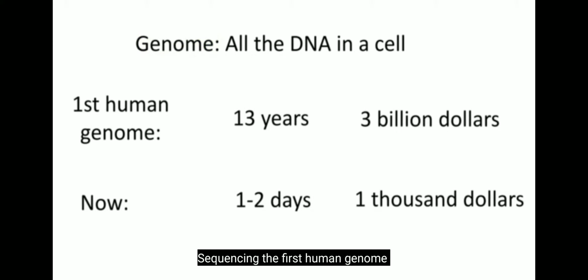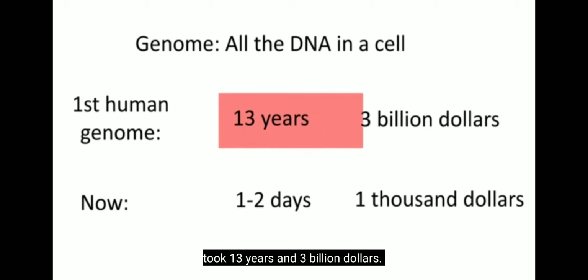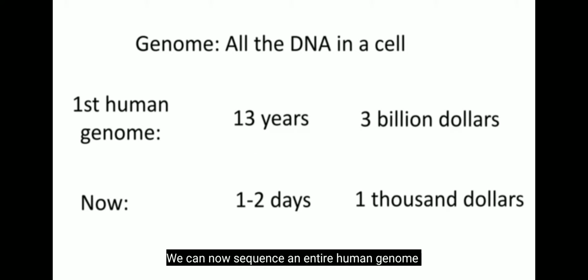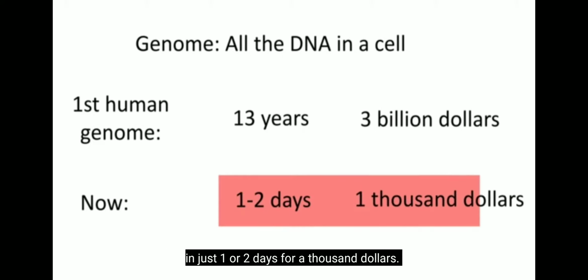Sequencing the first human genome took 13 years and $3 billion. We can now sequence an entire human genome in just 1 or 2 days for $1,000.